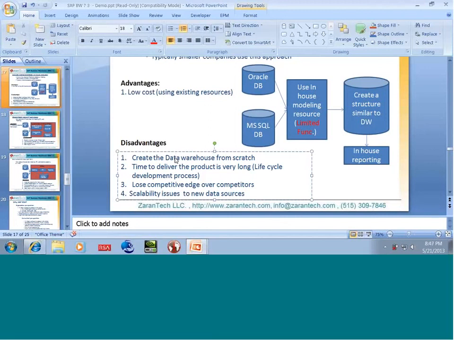Initially it might look like the company is cutting costs, but they are actually losing a competitive edge over their competitors. If a similar company of a similar size is buying a data warehousing tool and spending less time delivering the product, they have first mover advantage to the data that is available in the market. They are able to provide much more intelligent reporting and use that information to generate revenue.